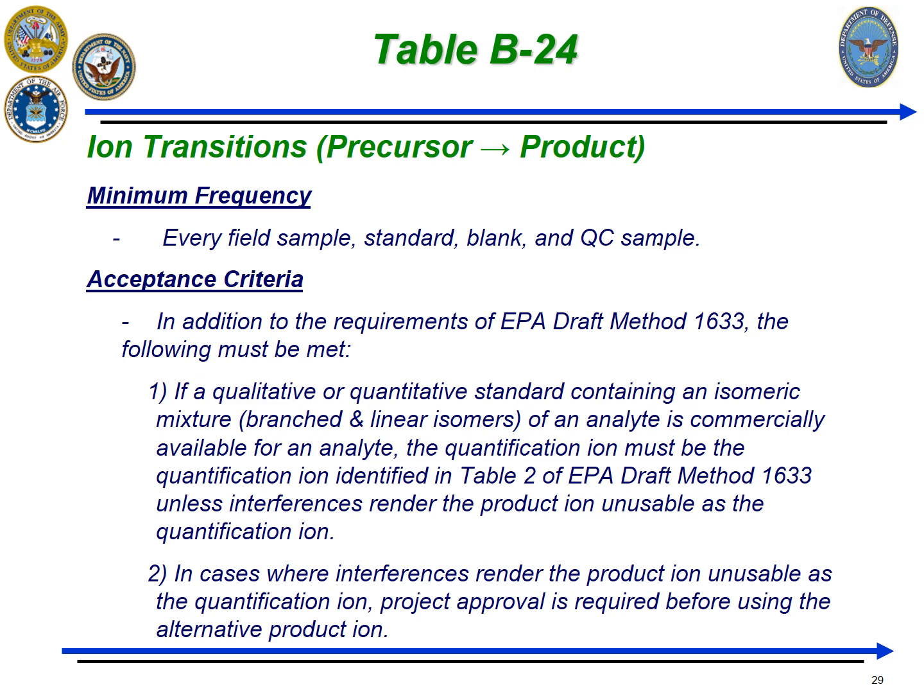We do have the caveat, however, if you have interferences present in a sample, you can have a technical justification for that particular sample to utilize a different quant ion. If it is unusable, and that is the case, you have selected another ion for quantitation, then you need to get project approval for use of that alternative ion as your quant ion before you utilize it.